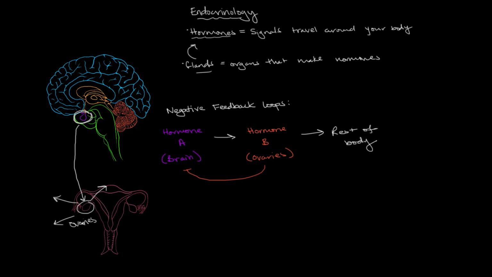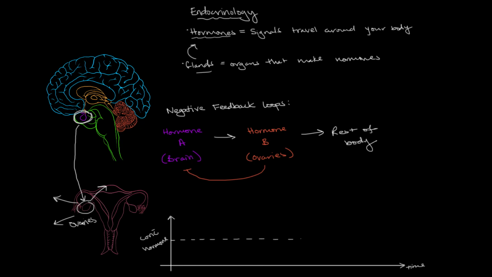So I think this can be best demonstrated with a graph. If on the y-axis we have the concentration of hormone in the blood, and on the x-axis we have time, and there's some ideal amount of hormone that you ideally want to have floating around in your blood of both hormone A and hormone B, this dotted line is the ideal amount of hormone.